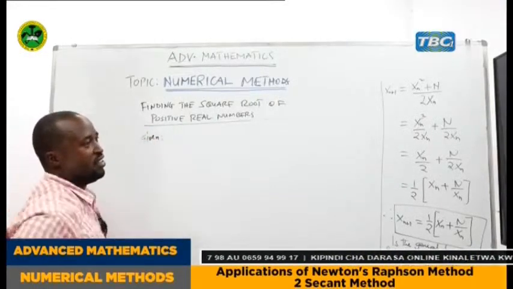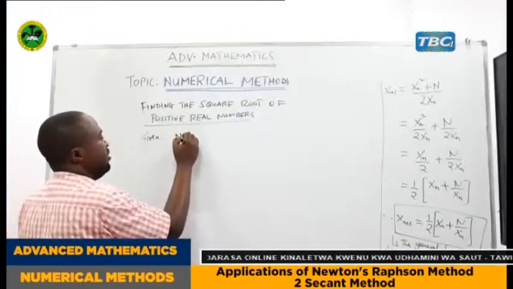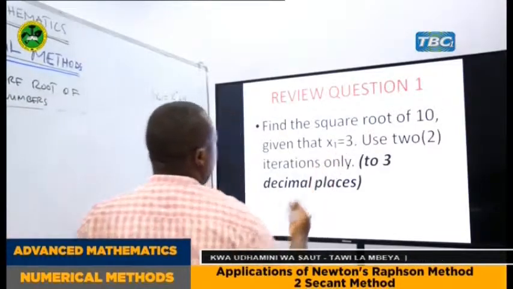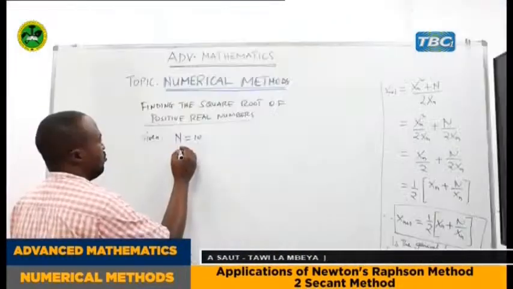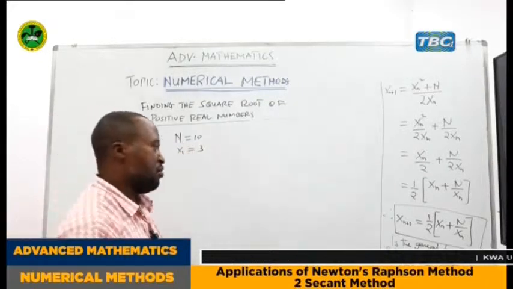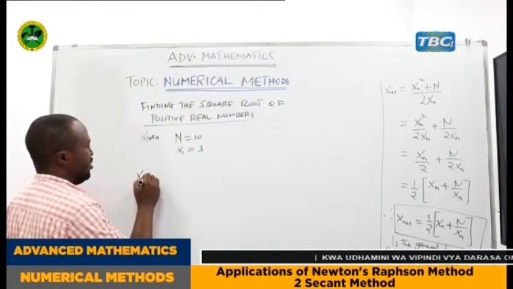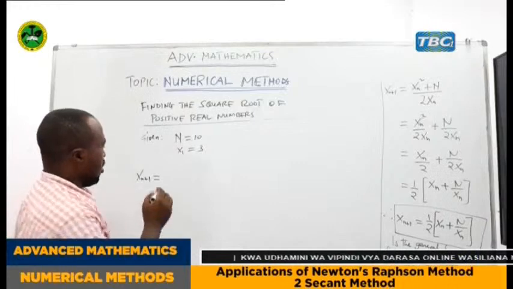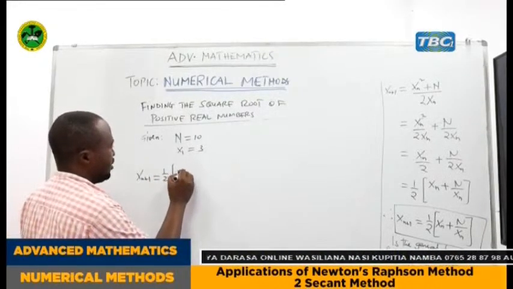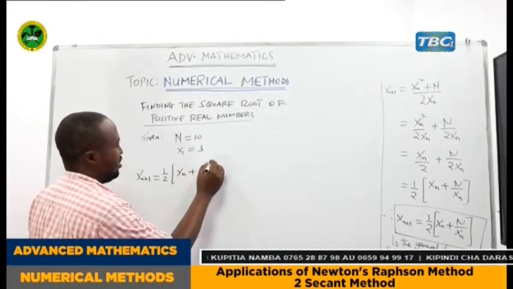Review question. We have the root of 10, that means n is equal to 10. But again we have x1 which is equal to 3. So remember our general formula says xn plus 1 is equal to a half bracket of xn plus n over xn.